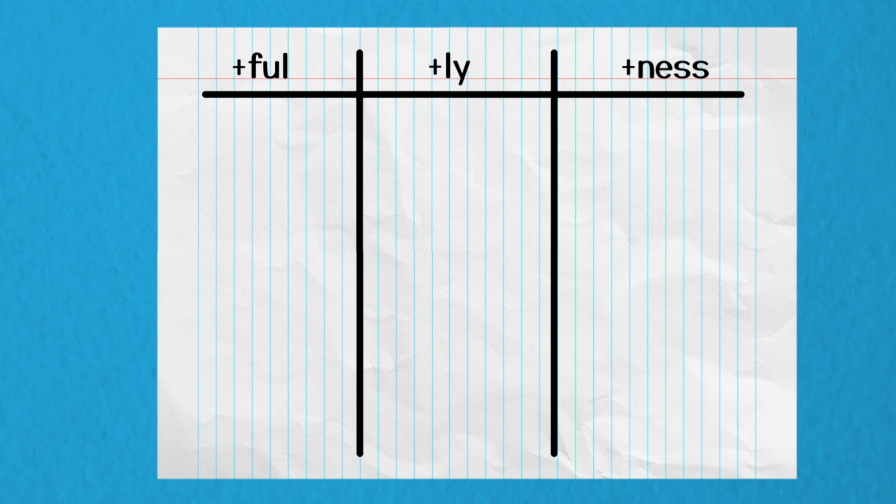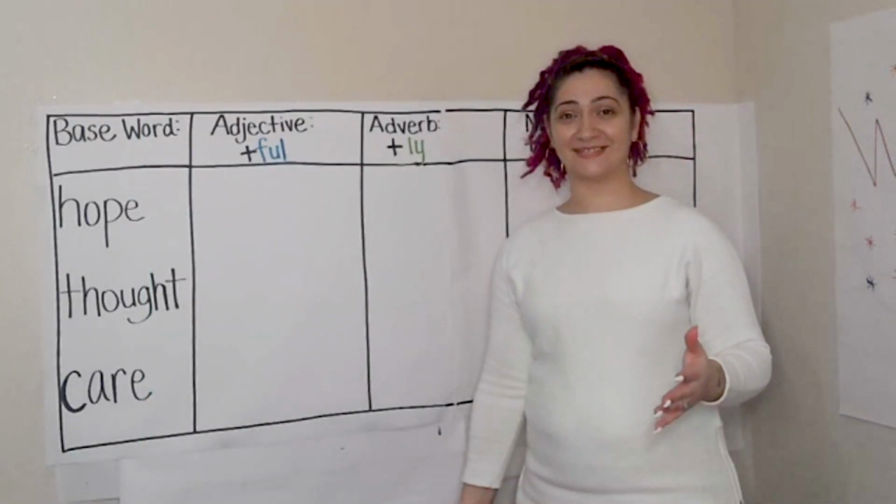As we build these words today, scholars, you're going to be writing them down in your chart. I know, how much fun. I hope your hand is ready. We're going to do so much today. All right. Are you ready, scholars? Let's jump right in.